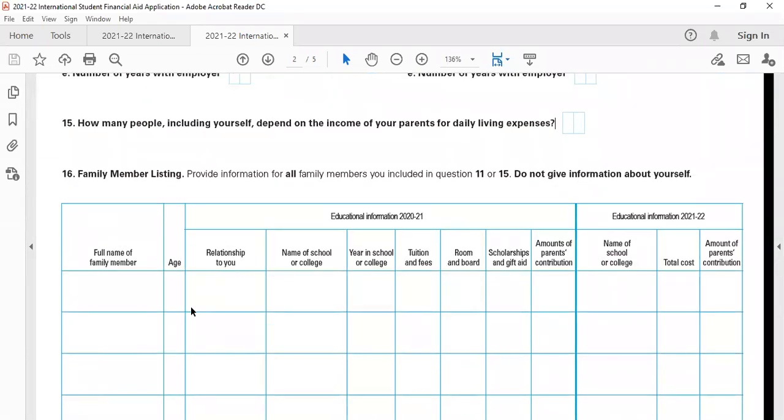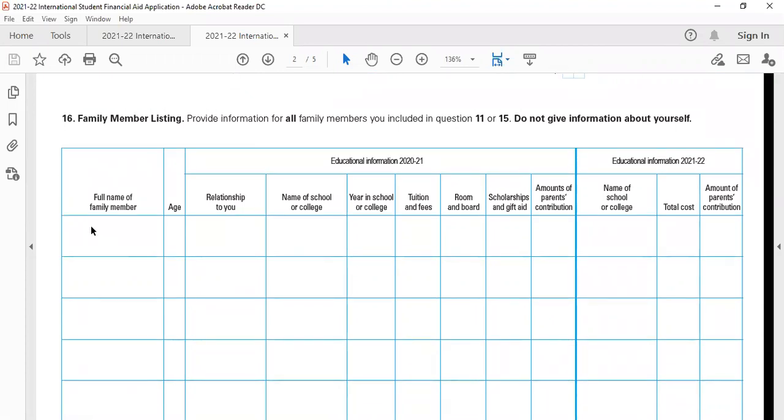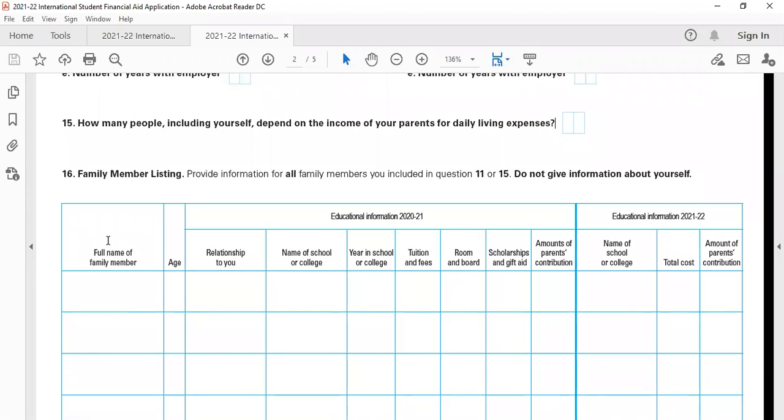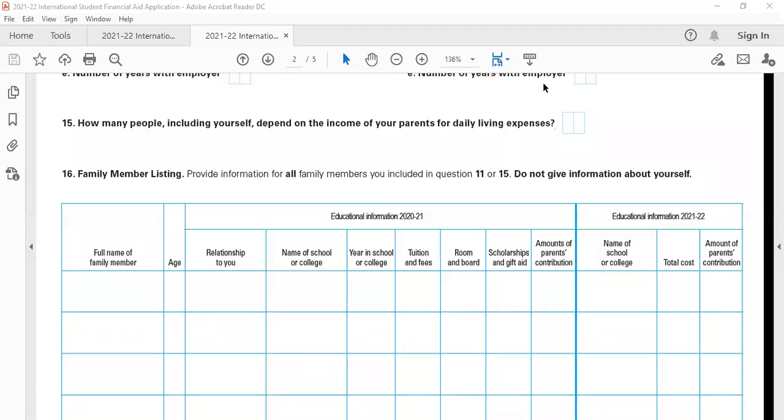Okay, question number 16 is where you need to mention about your siblings or anyone who is studying right now. You need to enter the details of your siblings, your brothers and sisters, where they are, what is their relationship with you, which school or college they are at, and what is actually going to be your parents' contribution towards their education in this academic year and in the next academic year.